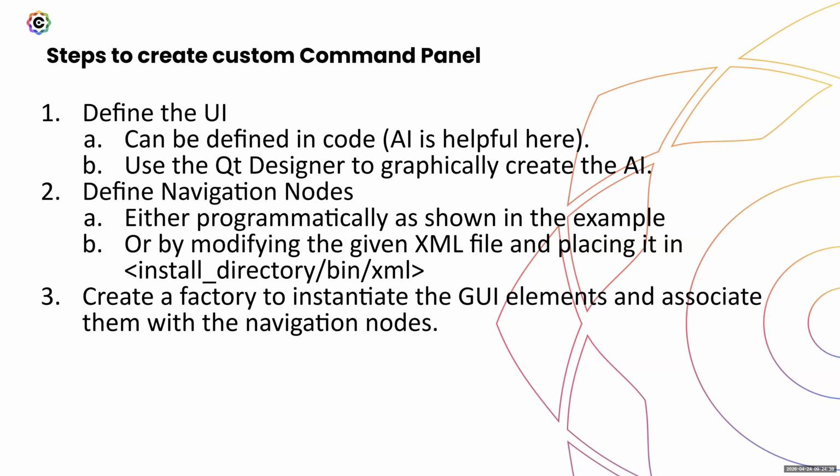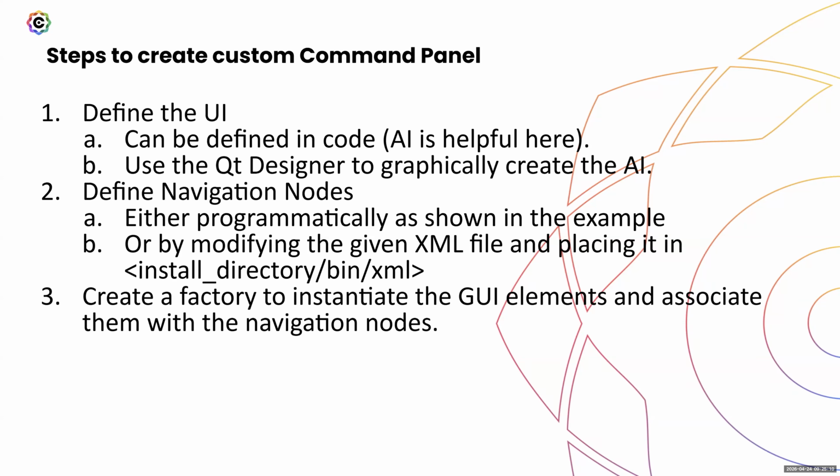The next thing you have to do is define the navigation nodes. The components example has a method of programmatically showing those. There is also an XML file with the components example that shows how to define these nodes using XML. But then you have to take your XML file and install it where Qubit runs from, which would require root privilege on a machine where Qubit is installed.